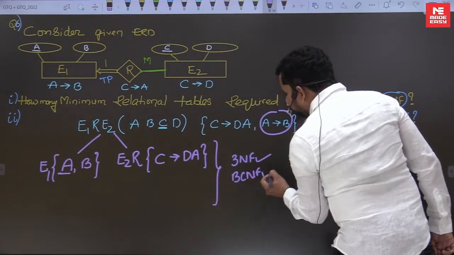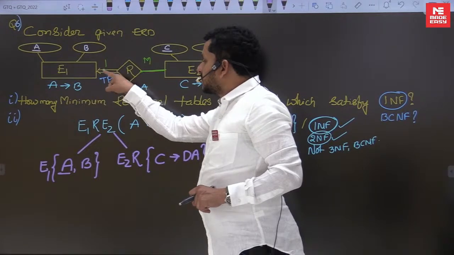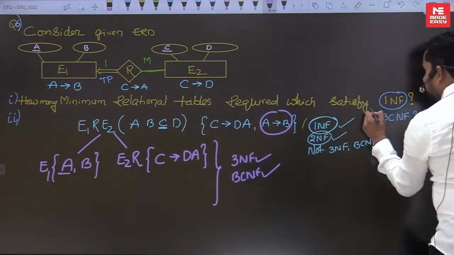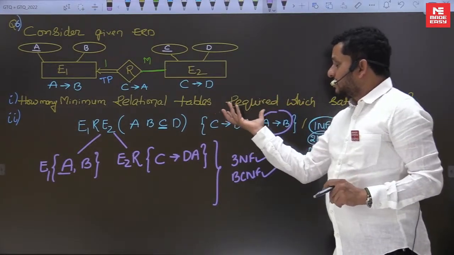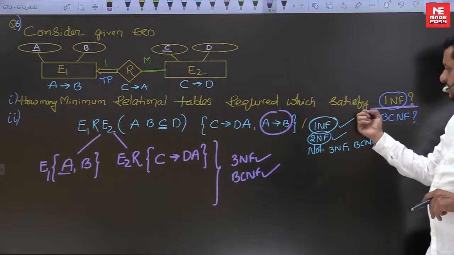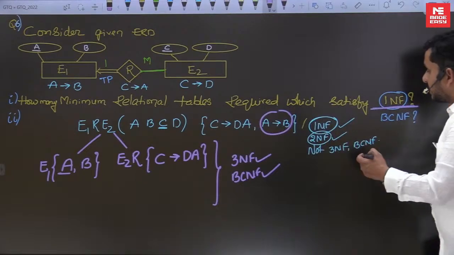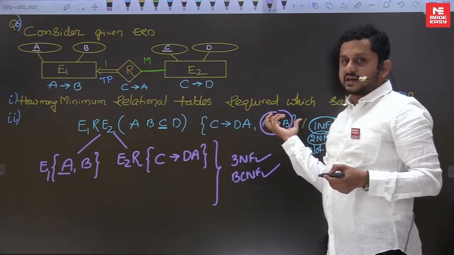Many are asking, so what happened in the total participation? See, the possibility of asking this 1NF design is almost not that frequent in the examination, because minimum one table is fine, but it violates BCNF. If it violates BCNF, it forms data redundancy.